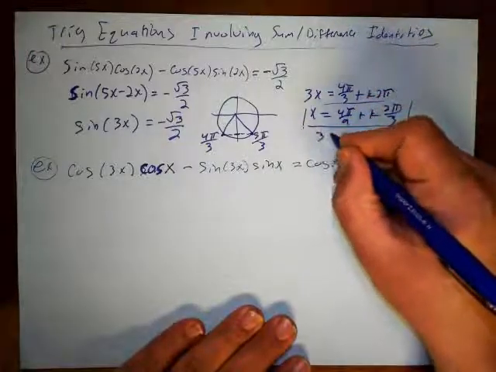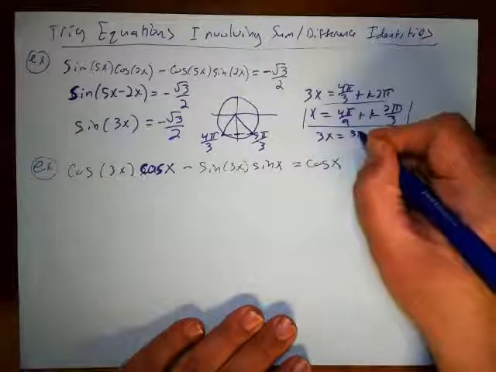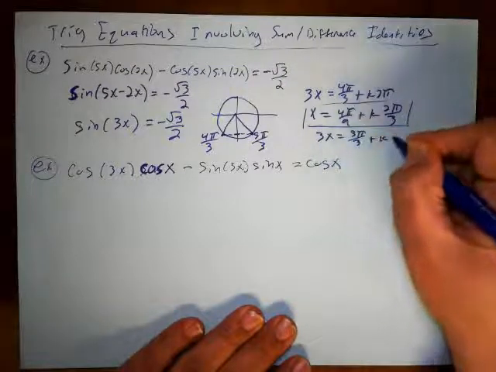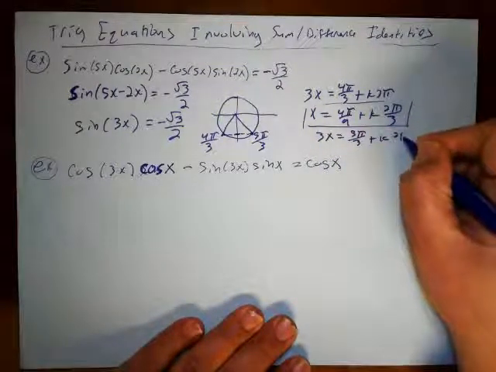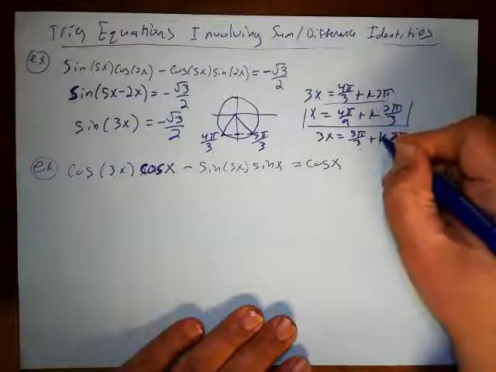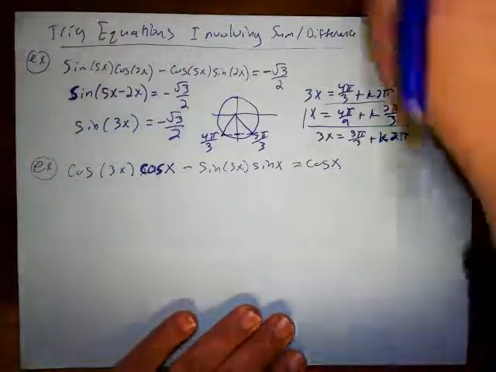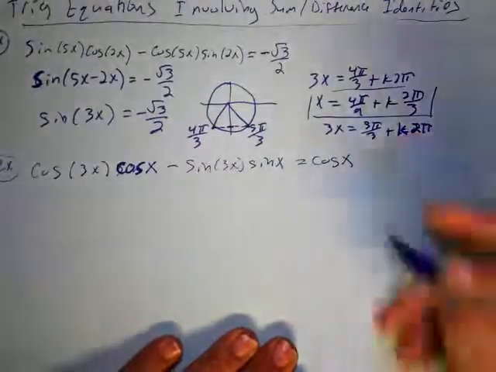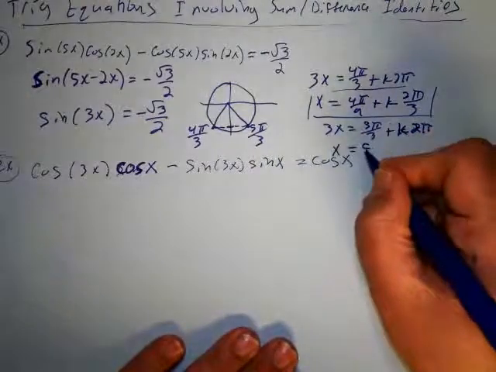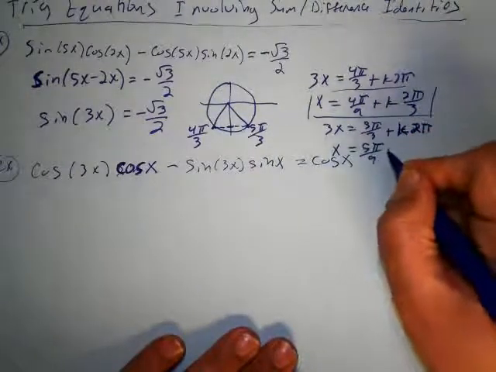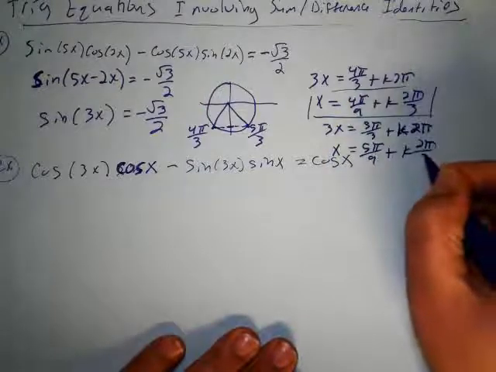And then I would have 3x is equal to 5 pi over 3 plus k times 2 pi. And that would be x is equal to 5 pi over 9 plus k times 2 pi over 3.